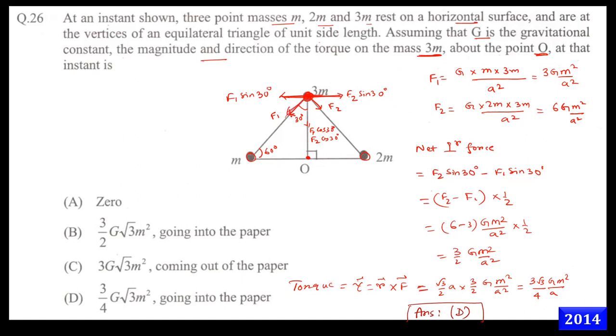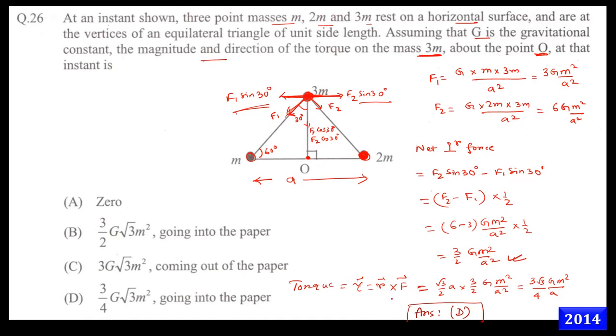The attractive force between these two particles: f1 is G m into 3m by distance squared, if you take this side as a, and f2 is the attractive force between the other two particles. Because these two components cannot make any torque, the net perpendicular force will be f2 sin 30 minus f1 sin 30. If you subtract these two, you will get the net force.